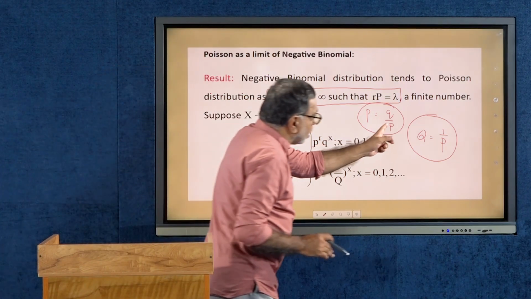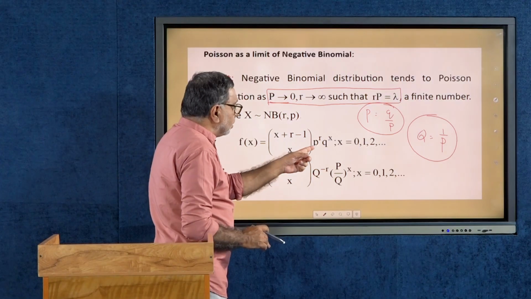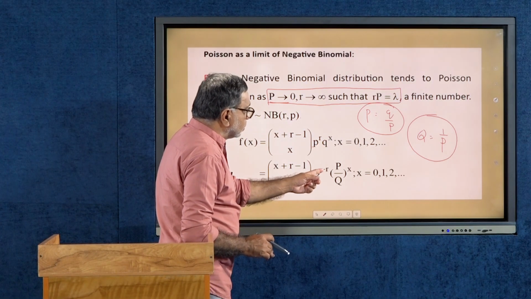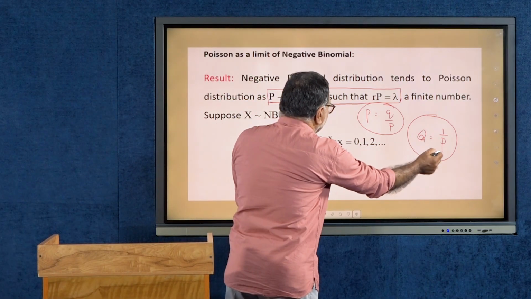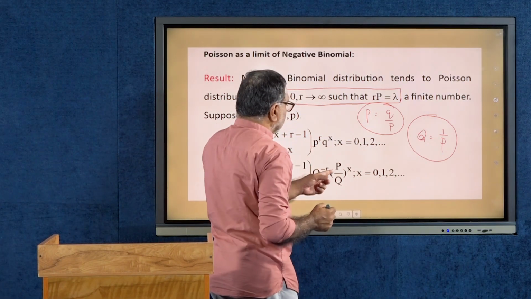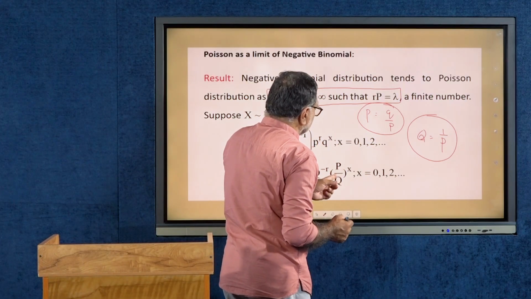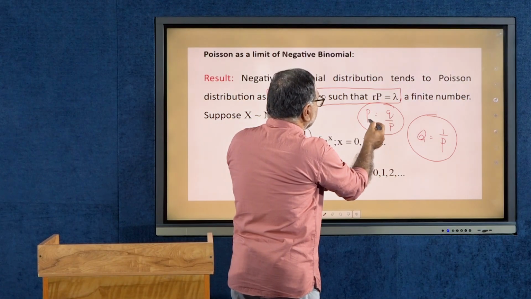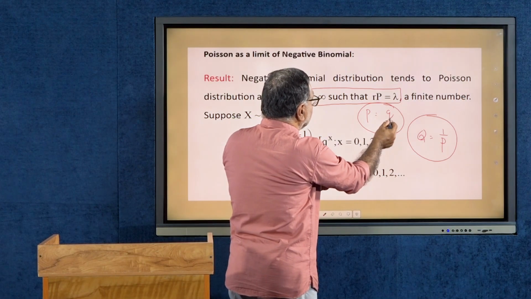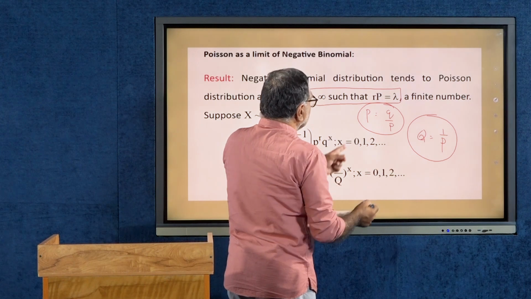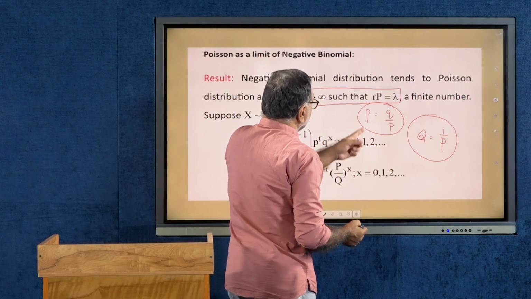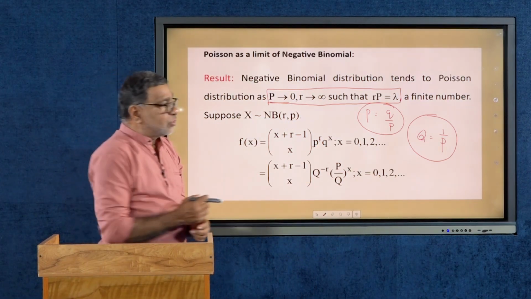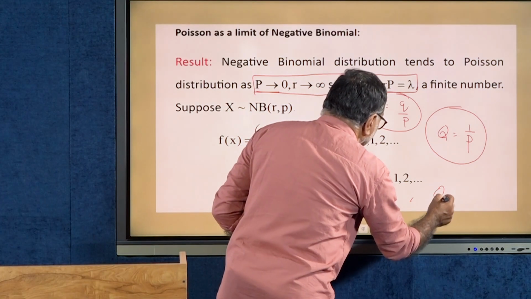When we substitute these two values, small letter p power r q power x changes to Q power minus r, since this is 1 by p, and q power x, where q is equal to capital P, and capital P is equal to q divided by p. On the basis of that, this can be written as P by capital Q, power x, where x is equal to 0, 1, 2, 3, etc. And remember, Q minus P is equal to 1.